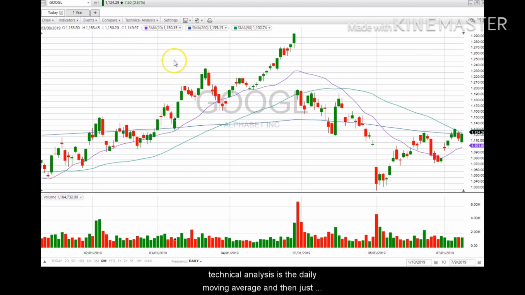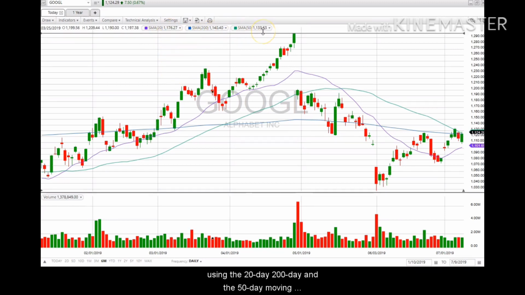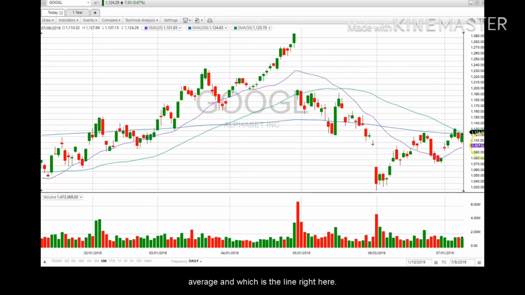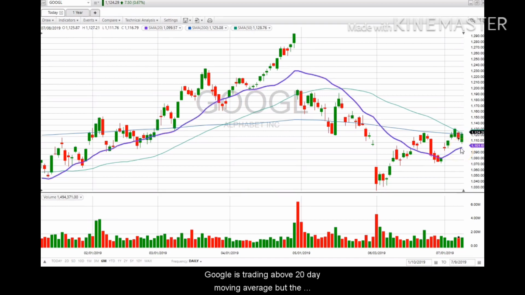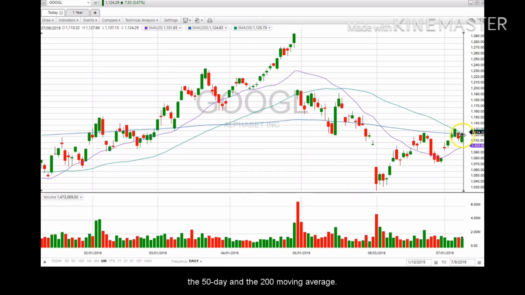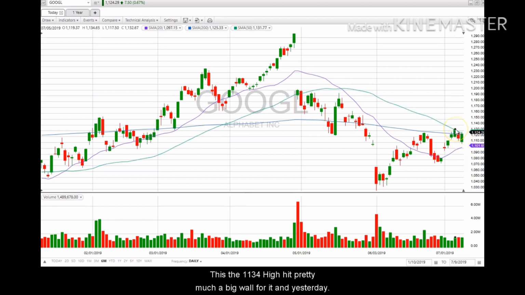It's the daily moving averages, just the 20-day, 50-day, and 200-day moving averages, which are the lines right here. You can see Google is trading above the 20-day moving average, but the resistance has converged right here between the 50-day and the 200-day moving average. The 1,134 high was pretty much a big wall for it.